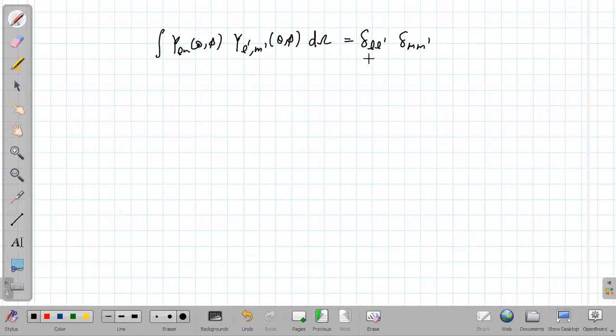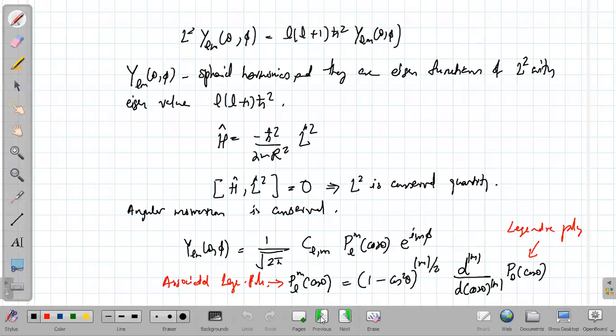So if you integrate Y_lm(theta, phi) times Y_l'm'(theta, phi) over the solid angle, it gives Dirac delta, delta_ll' delta_mm'. So this Y_lm satisfies the orthogonality condition, or basically the orthonormality condition.